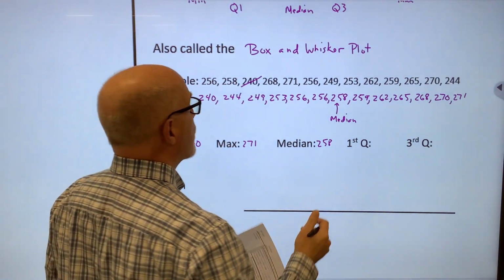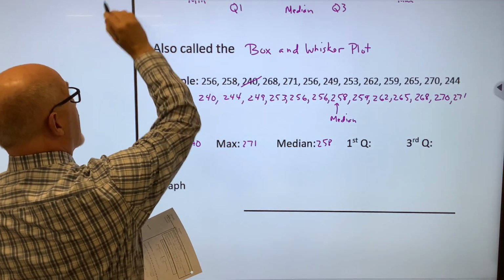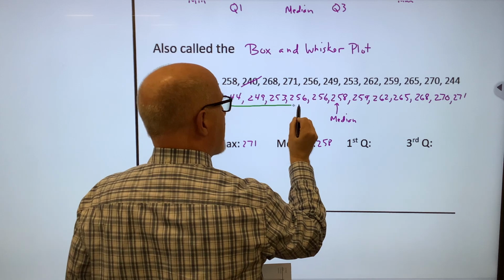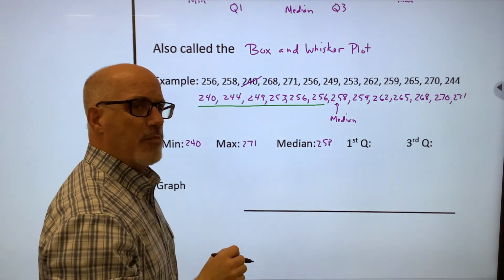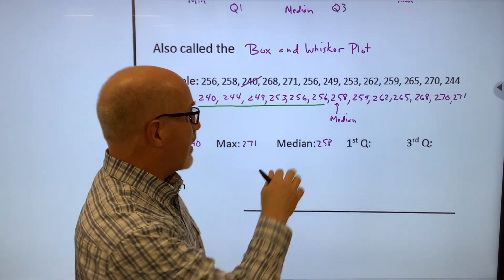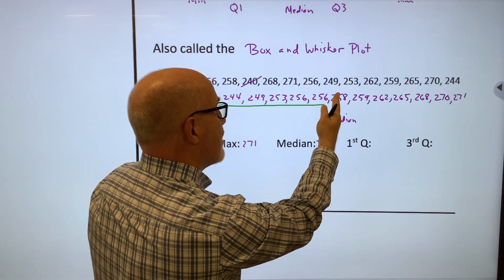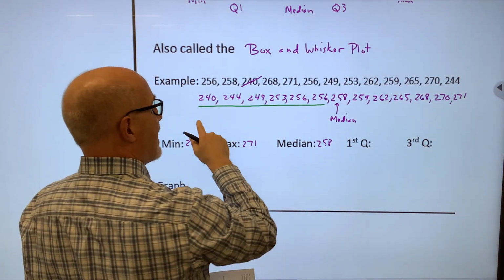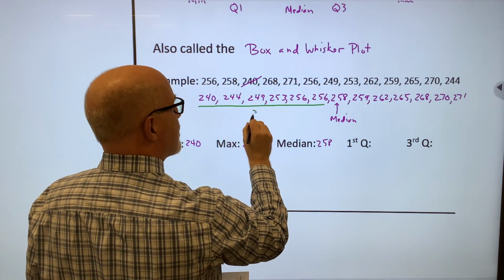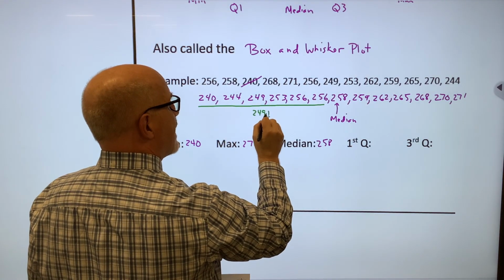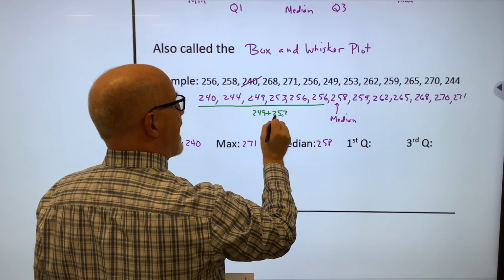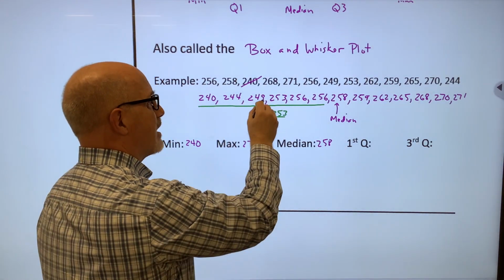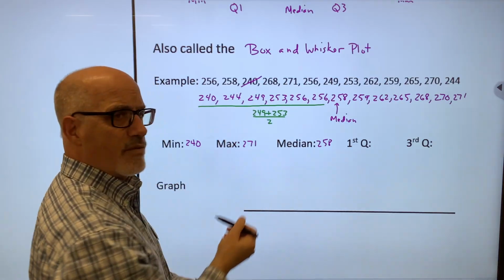Now we need to do the quartiles, and to illustrate that, I'll point out these bottom 6 numbers here; I'm going to find the median of them. If I look at the median here, I then look at the data below it and take the median of that data set. That means I have to take these two numbers, 249 and 253, add them together and divide by 2, because these two are the 3rd in from each side.